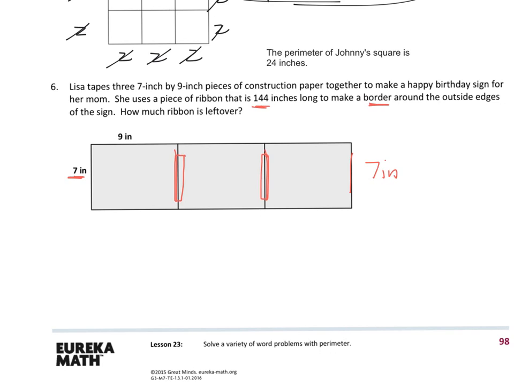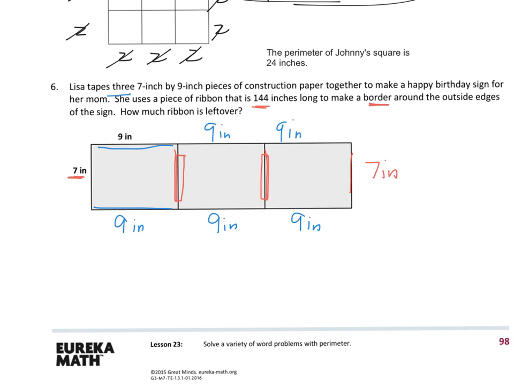It's the perimeter of the shape. Now, for rectangles, if I know this side is 9, then I know this side is 9. And since these are all the same rectangles, because she used 3 of these, I can now write 9s in for all of those.